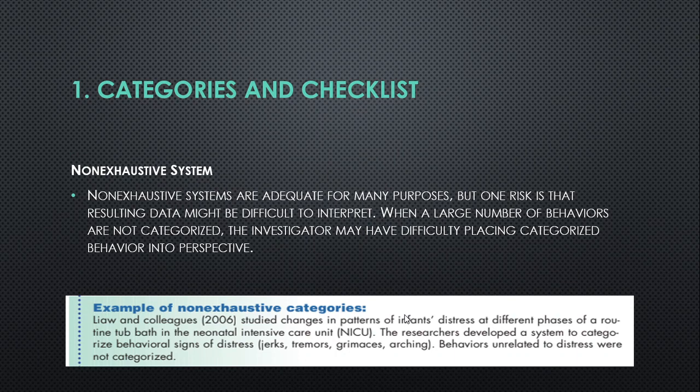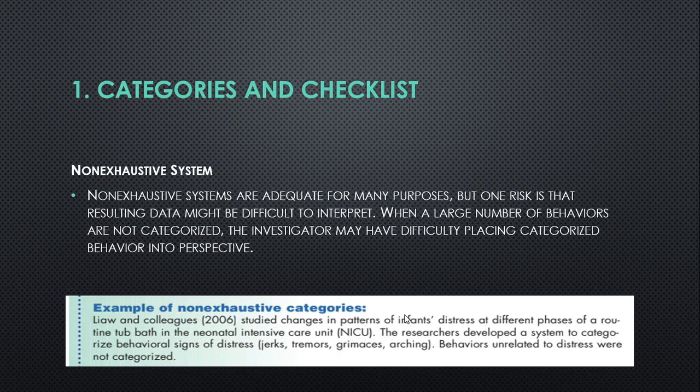Okay, non-exhaustive systems are adequate for many purposes, but one risk is that the resulting data might be difficult to interpret. When a large number of behaviors are not categorized, the researchers may have difficulty placing categorized behavior into perspective.